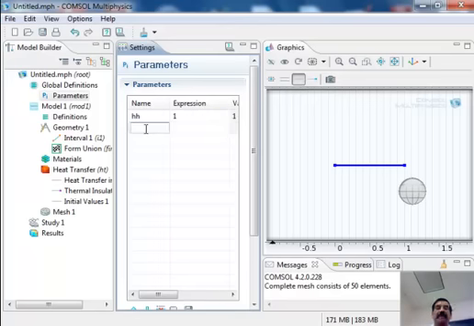And what else do we have? P, its value is, I'm making all of them 1, but you can change it to anything that you want. And what else do we have? H, L. Length, of course, we have made it equal to 1. And then I'm going to calculate M, and you can put any expression that you want here. The M is H times P times L squared divided by K times A.